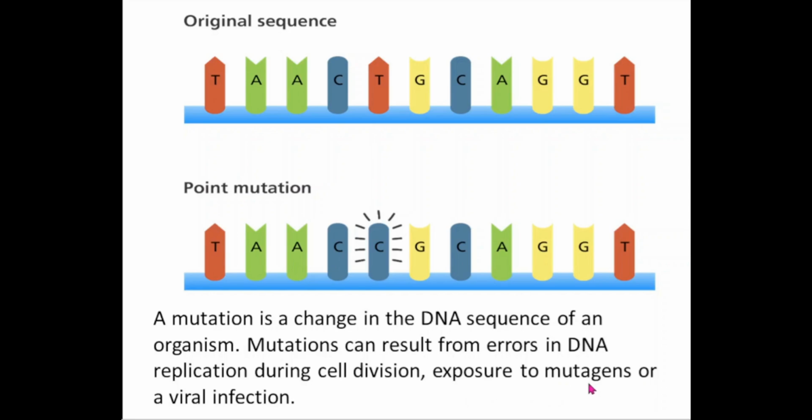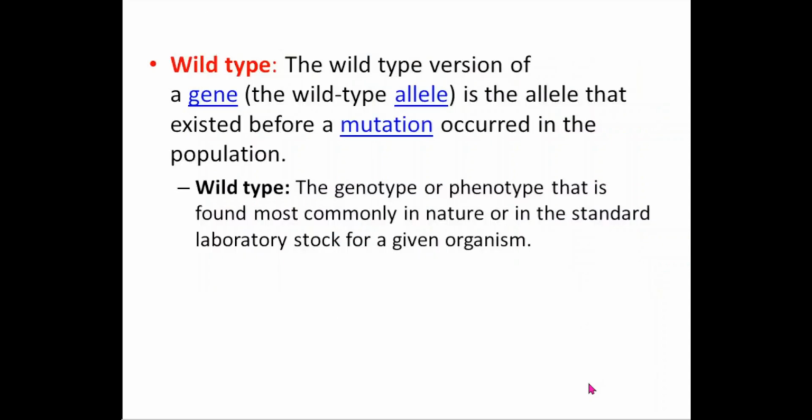There are different agents which can cause mutations. For example, UV light and viruses can cause mutation. So you can take care of yourself when the sunlight is very harsh. You have to protect yourself from that to avoid gene mutation.